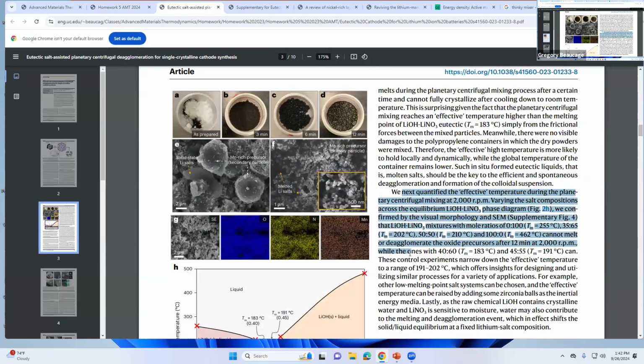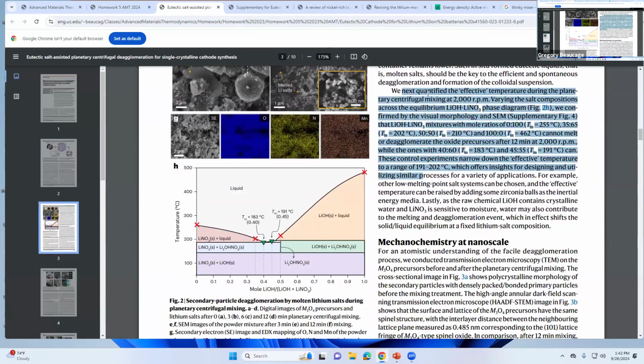Here he says 2000 RPM, blah blah blah, 210, blah blah blah, 190 to so he says the effective temperature is 191 to 202, because he figures out where it has to melt. It doesn't melt at the red and it does melt at the green. So he knows it's somewhere between those two. So the effective temperature he sees is that, which offers insight to blah blah blah.